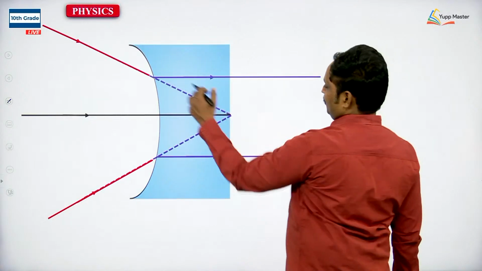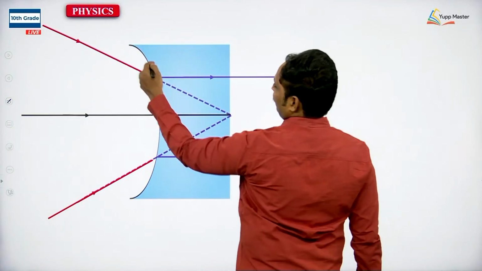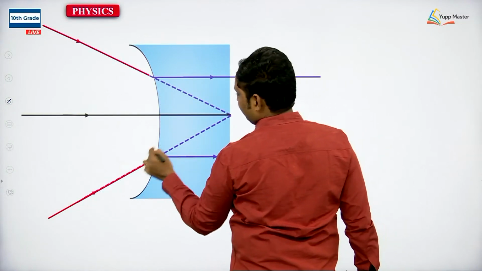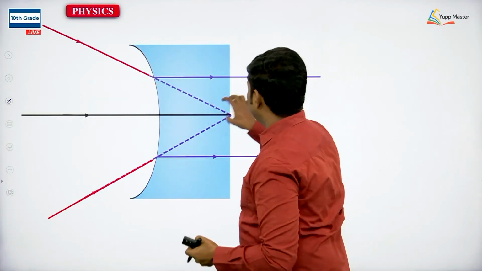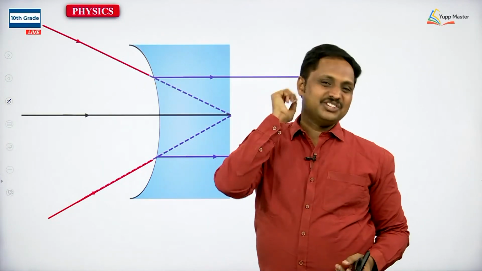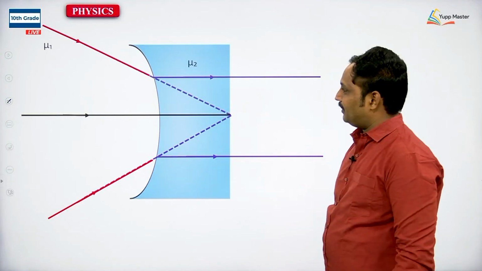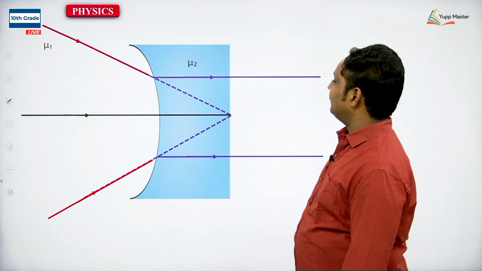Yes, they are about to meet at this location. What happened is that they have been refracted after incidence, and if you identify this, they are going to converge at this point. Let us see what happened. mu1 and mu2 are the refractive indices of the first and second medium.